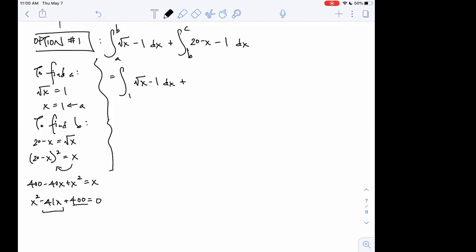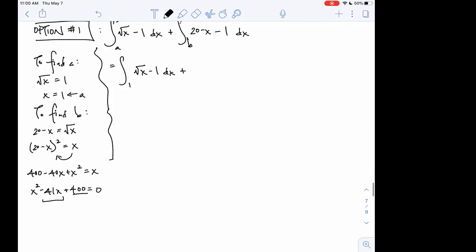So what are some numbers that multiply to make 400, but could add or subtract to make 41? 25 and 16. So (x minus 25)(x minus 16) equals 0.